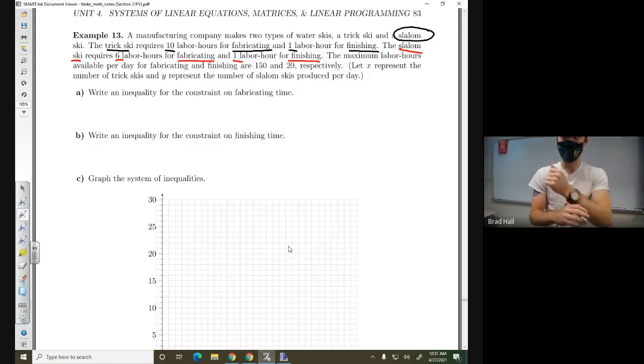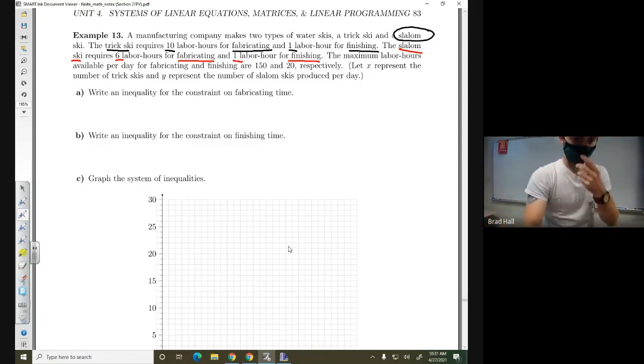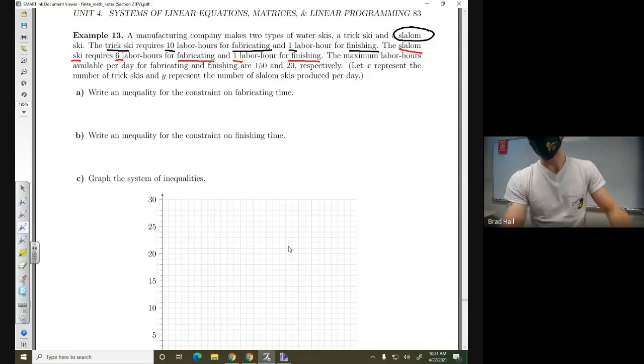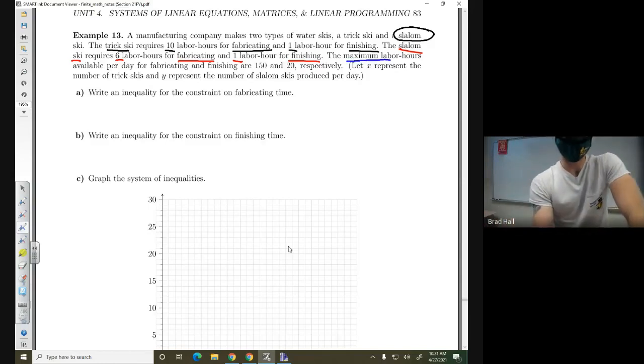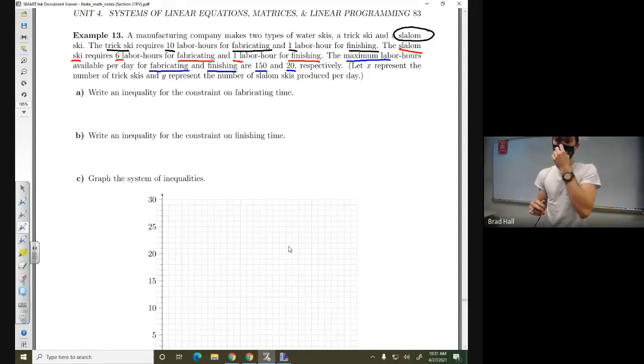So we can see a little bit of overlapping information here, something about fabrication and finishing. Then they also tell us, I'll do this in a different color, the maximum number of hours for fabricating and finishing are 150 and 20. So these are the three real subsets of information here.